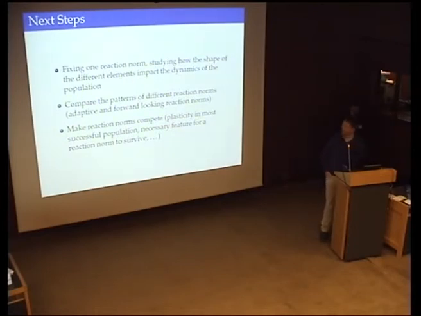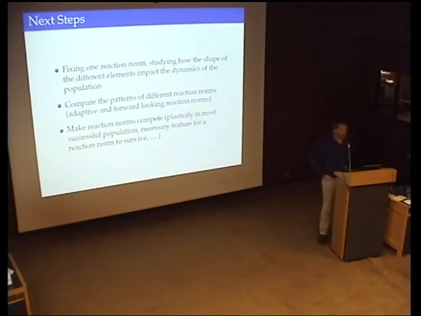So we don't at first study the selection problem of different reaction norms, but see how changes in physiology, in the efficiency parameter, in the matching function, or other parts of the model may change the dynamics of the population.